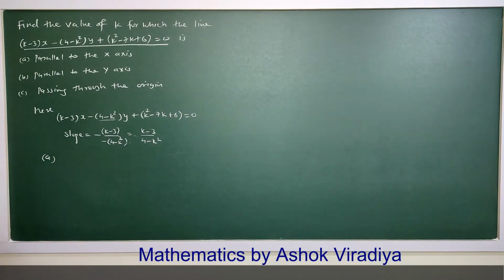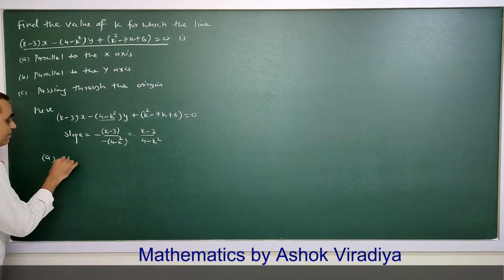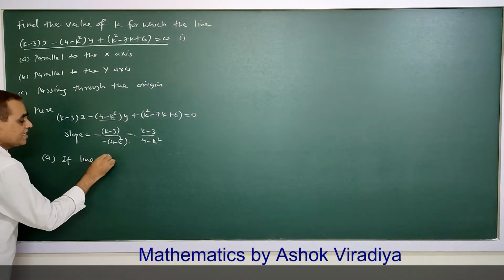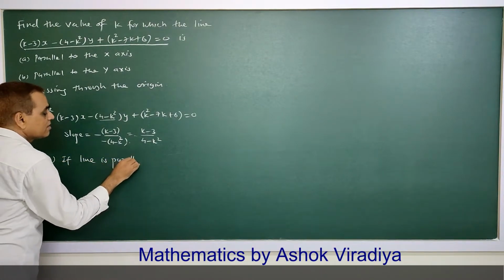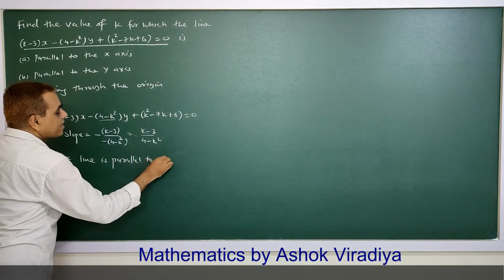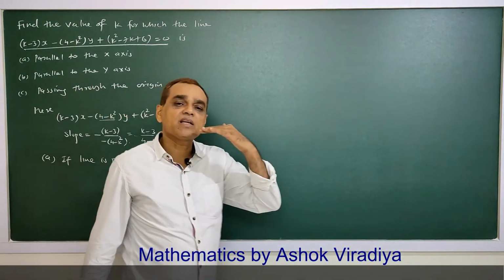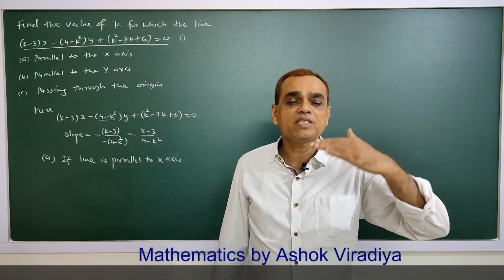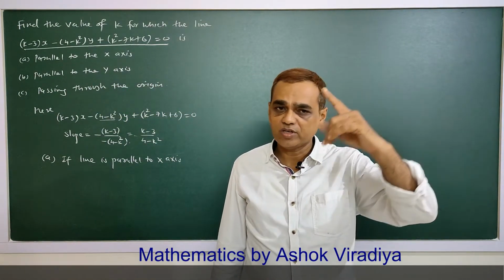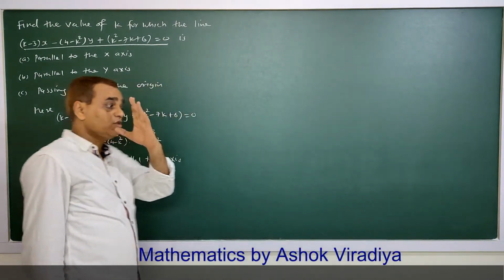The line is parallel to the x-axis. If any line is parallel to the x-axis, it means it's a horizontal line, so its slope is always 0.